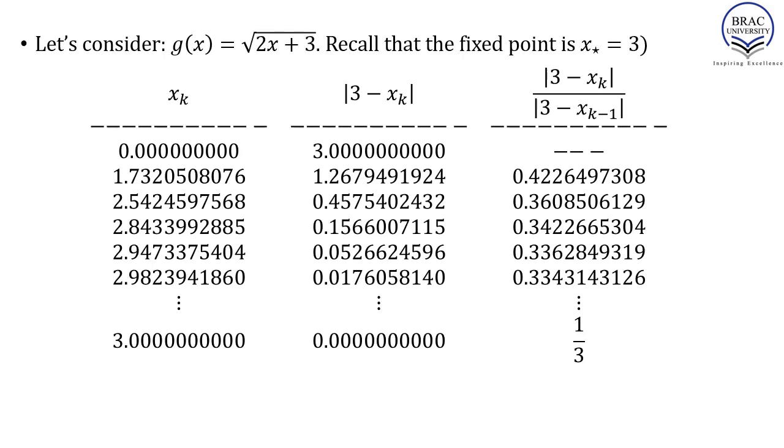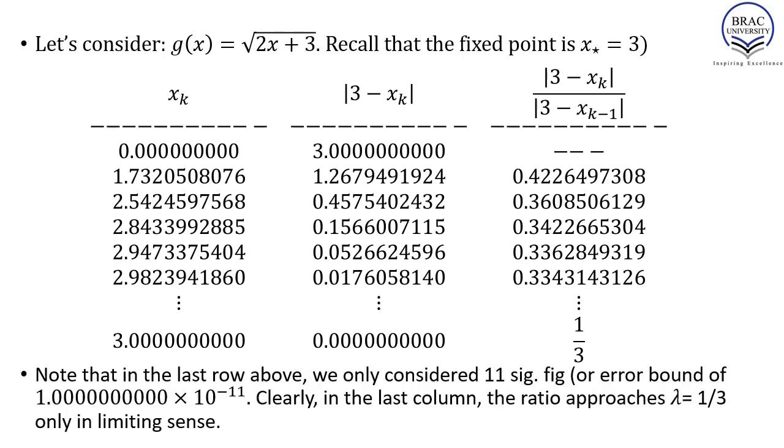Look here, 3 - xk is the distance after the kth iteration, and 3 - x(k-1) is the distance before the kth iteration, that means the k-1 iteration. So the denominator is the previous length and the numerator is the length after the iteration.